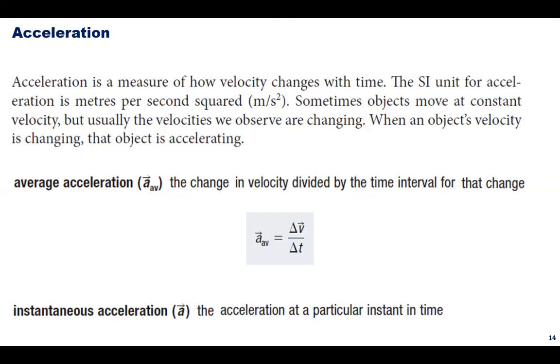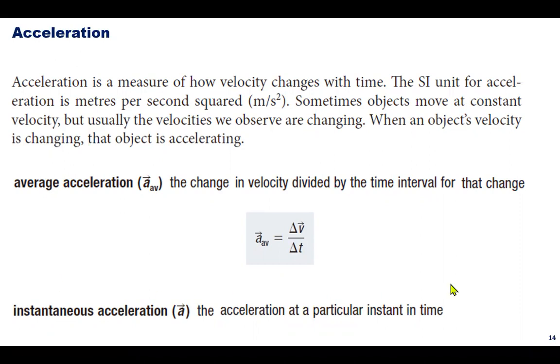When an object's velocity changes by delta v over time delta t, the average acceleration, or the change in velocity divided by the time interval for that change, is given by the following formula. A average equals delta v over delta t. This is only for average, okay? For instantaneous acceleration, we have already learned that it's the second derivative of the displacement function with respect to time, right?